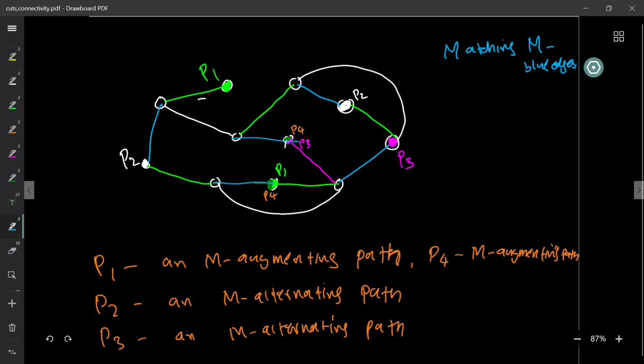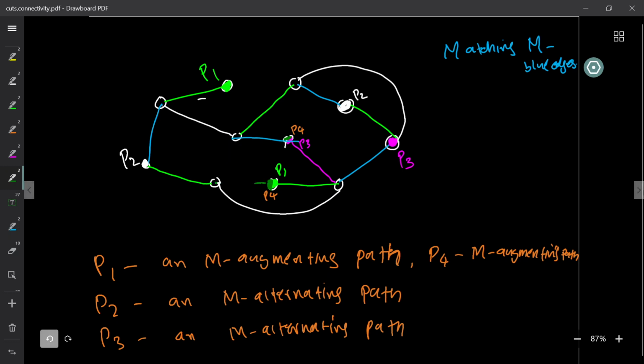Then this one is not in the matching. So there is one extra edge now. Instead of this one edge, you have two edges in the matching, all the other matching edges are kept as they are, and we get a matching with one extra edge. So we increase the size of the matching.